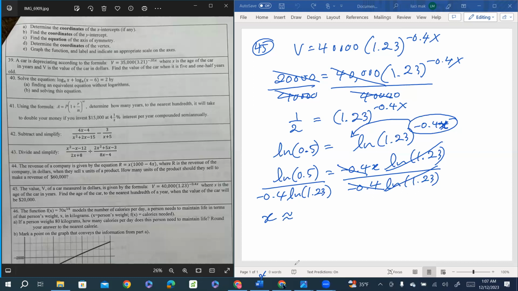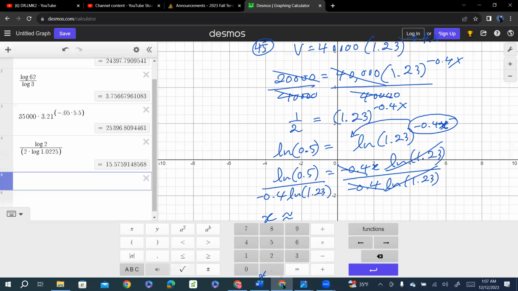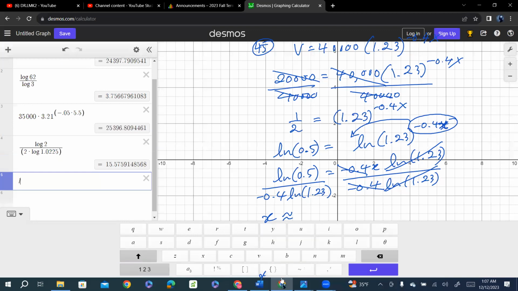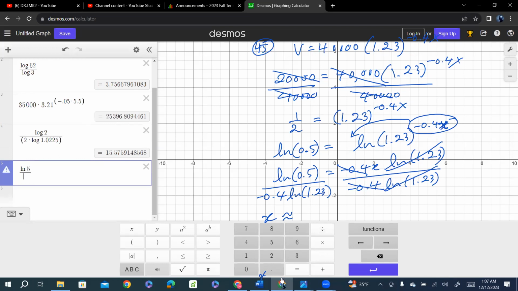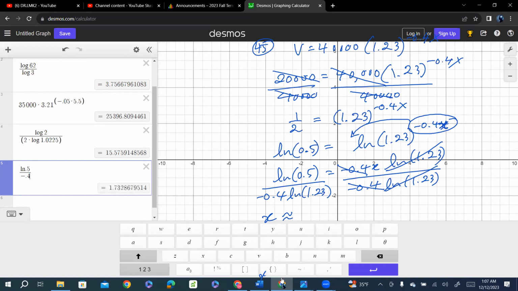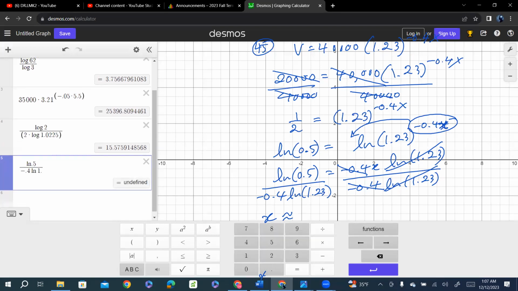Let me use our Desmos calculator and see what the answer is. So we have ln 0.5 divided by negative 0.4 times ln 1.23.